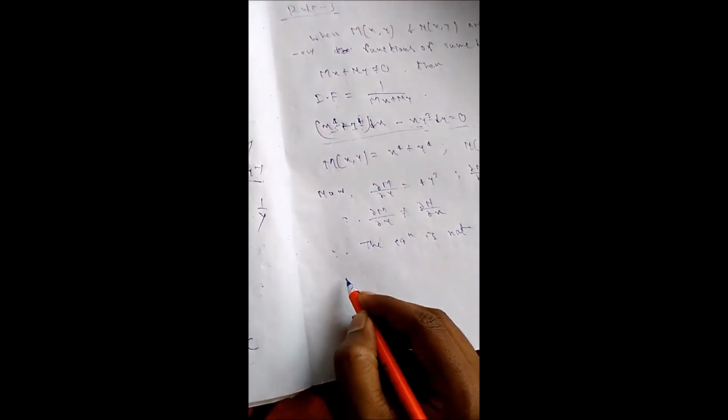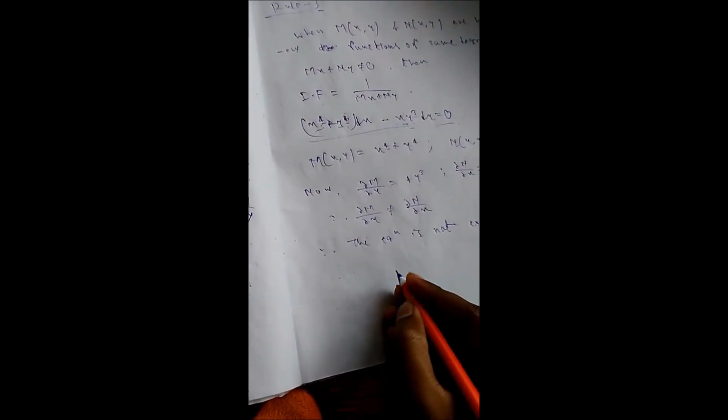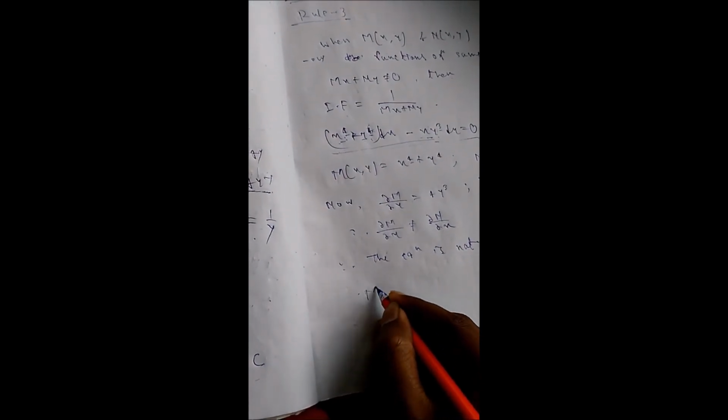Now here you can see mxy and nxy are homogeneous functions of degree 4. So from the property we can get mx plus ny is equal to (x to the 4 plus y to the 4) into x plus (minus xy cube) into y, which is equal to x to the power 5 plus y to the 4 into x minus x y to the power 4.